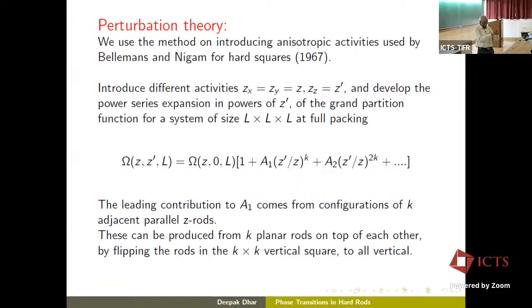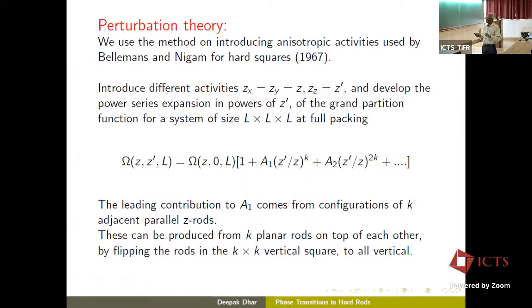Then you can take this k by k square, which is vertical, and flip them to make k vertical rods. And this is the leading contribution to the possible configurations which are counted here. There are other terms which you can also estimate, but this is the leading contribution.